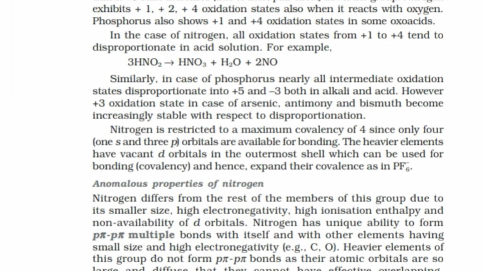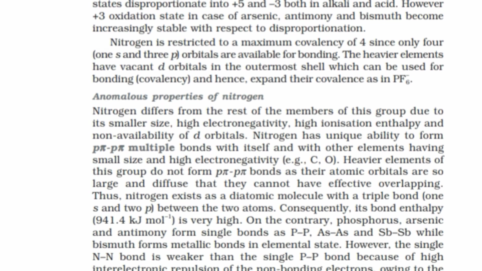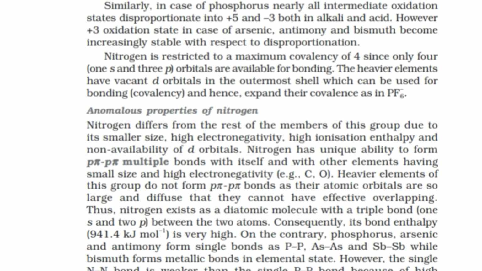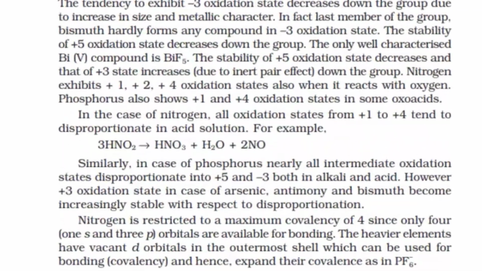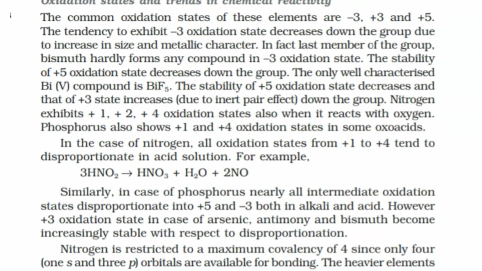Chemical properties, oxidation states and trends in chemical reactivity. The common oxidation states of these elements are -3, +3 and +5. The tendency to exhibit -3 oxidation state decreases down the group due to increase in size and metallic character.